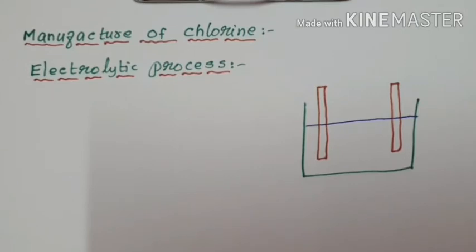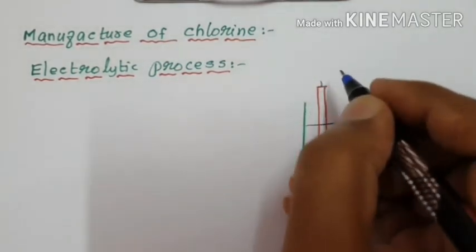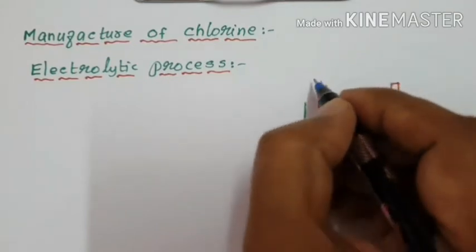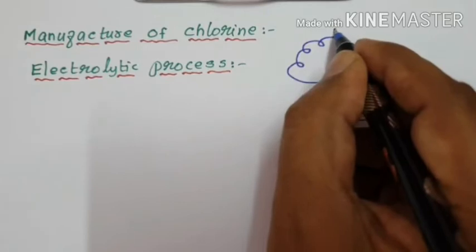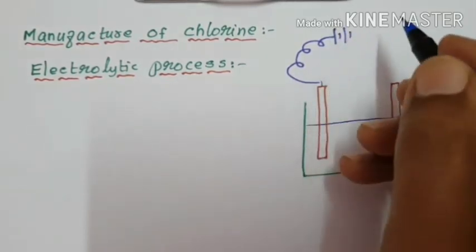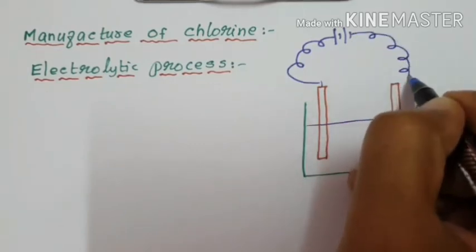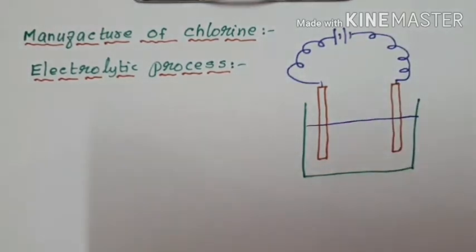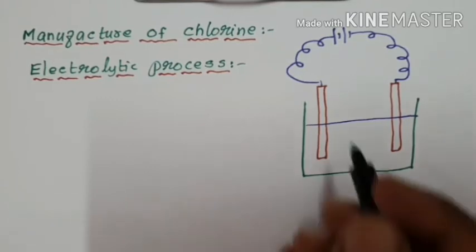Among the two electrodes, one electrode is connected to the positive terminal of the battery, and the other electrode is connected to the negative terminal of the battery.